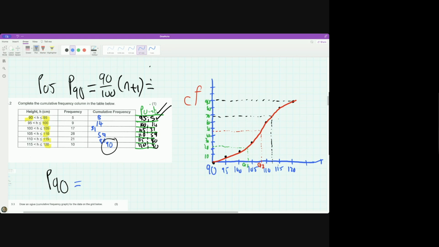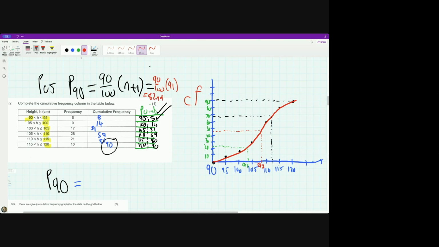So we know that it's really just going to be 90 over 100 times 91. So what do we get for that? 81.9, 82. So it's about the 82nd position.